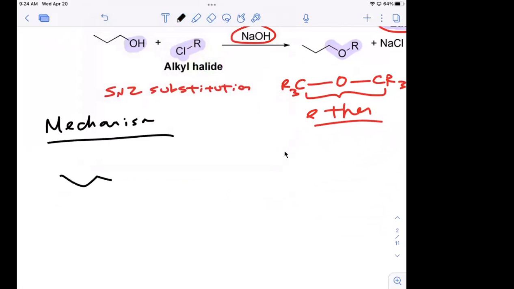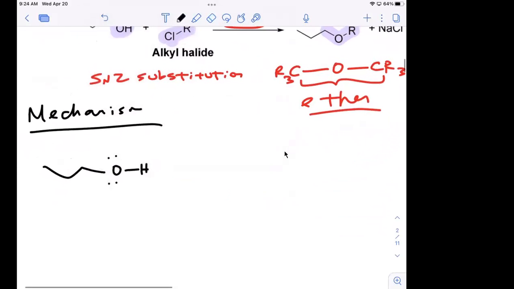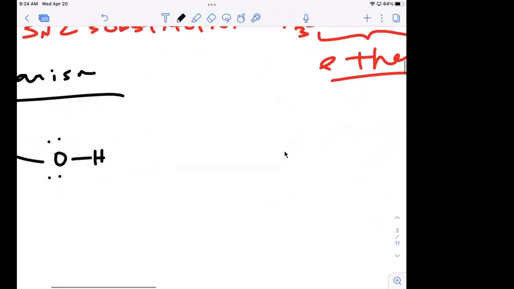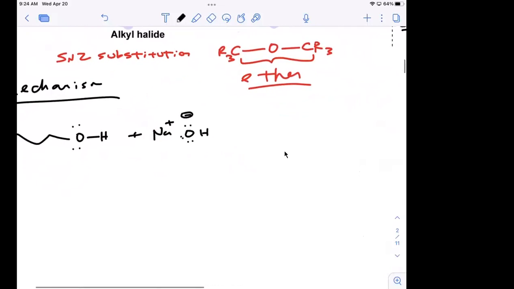All right, so I'm going to take my alcohol here. The proton on an alcohol has a pKa around 16, so it is removable by a decent base. Doesn't have to be a super strong base, although sodium hydroxide is pretty strong. So here, all this is acid-base chemistry. So I'm going to pull off that proton like so.